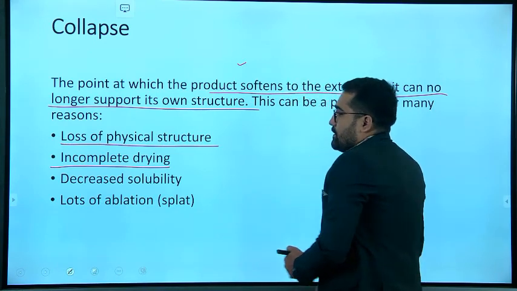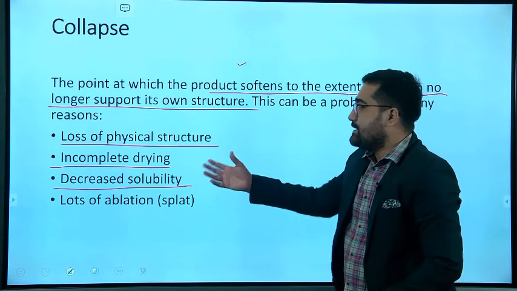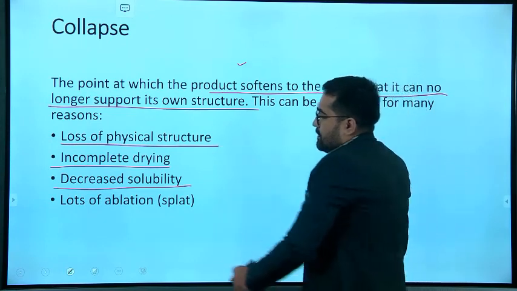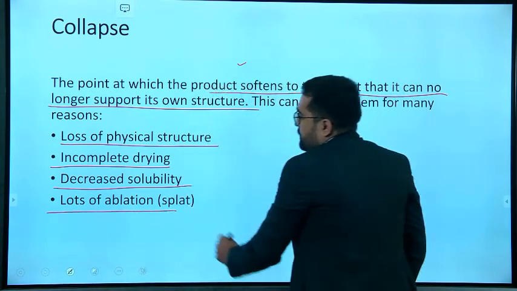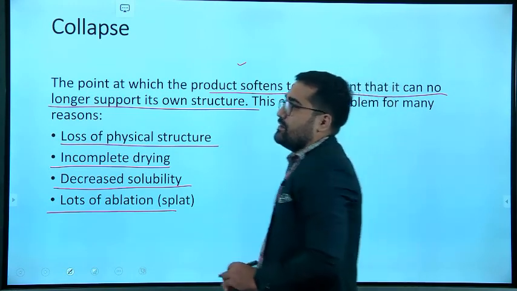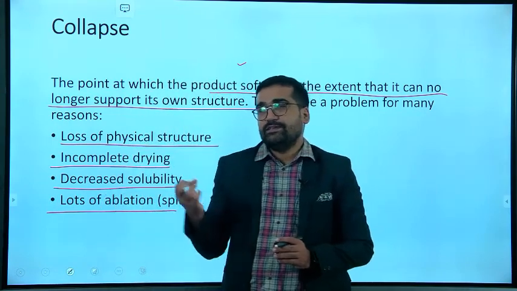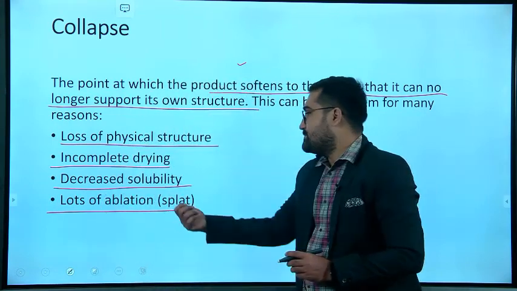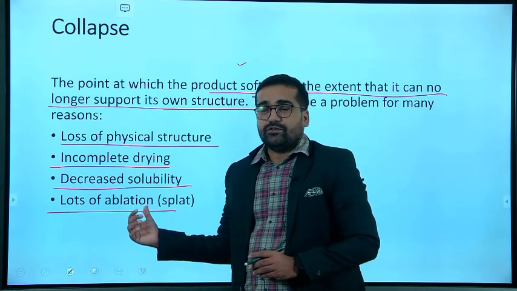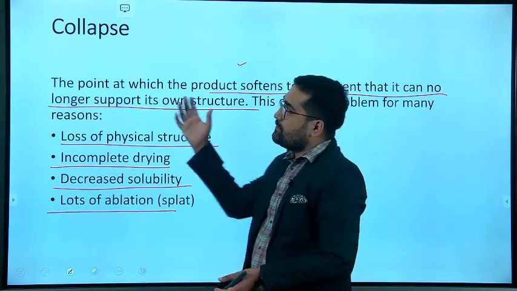Or decreased solubility. Also, a lot of ablation or splats. When we dry the product, cracks form inside the product, which we know as splats. If a lot of splats or cracks are formed inside the product, then also our product collapses.